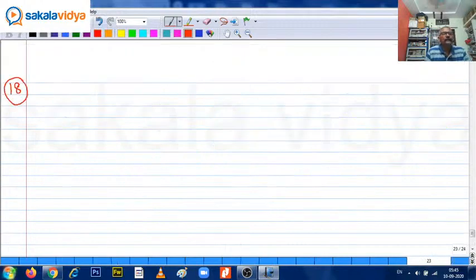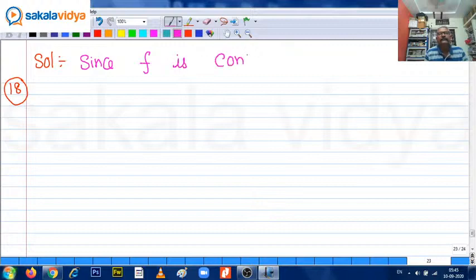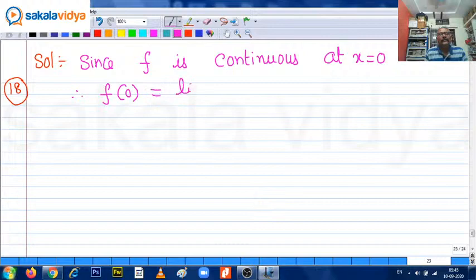So the 18th solution. Here, since f is continuous at x equal to 0, therefore f of 0 must be equal to limit x tends to 0 of f of x.